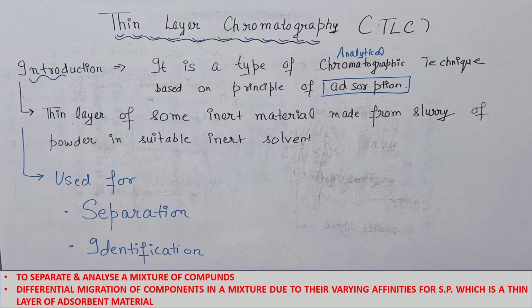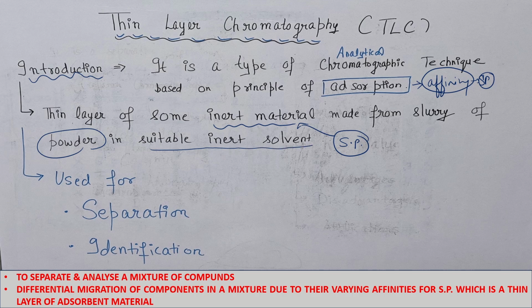Let us begin with the introduction of thin layer chromatography. It is a type of analytical chromatographic technique which is based on the principle of adsorption. We have discussed the principle of adsorption in the previous slide. It is based on affinity towards the stationary phase. And in this technique, a thin layer of some inert material is the stationary phase. The thin layer of inert material is made from a slurry of its powder in a suitable inert solvent.